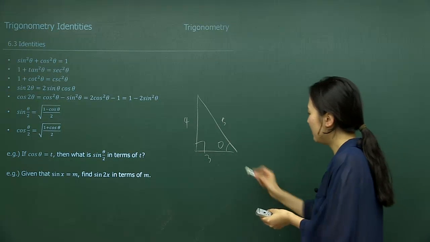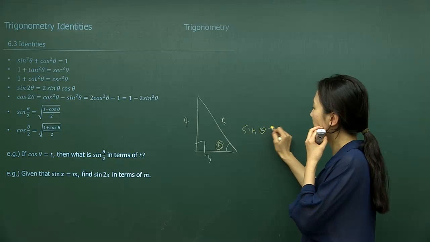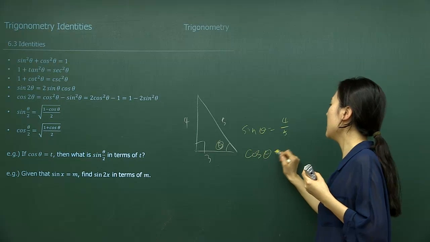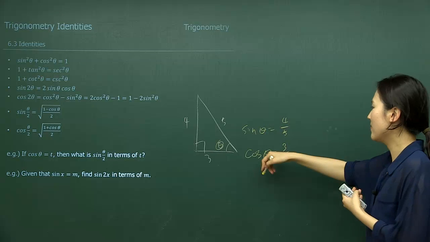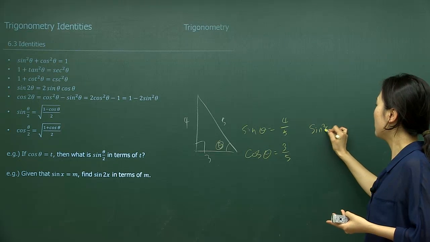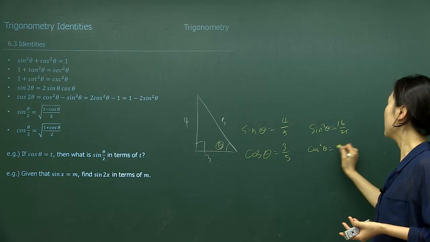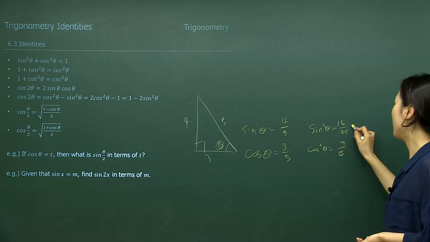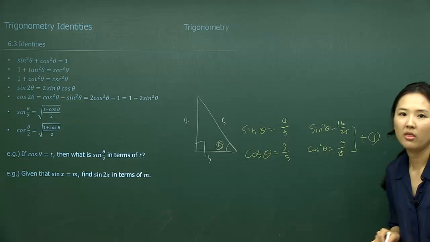So technically, if this is your angle, well, sine of the angle is 4 over 5, right? Cosine of the angle is 3 over 5, right? So if you square them, sine squared, you get 16 over 25. Cosine squared, you get 9 over 25. What do you get when you add them up? You get 1.